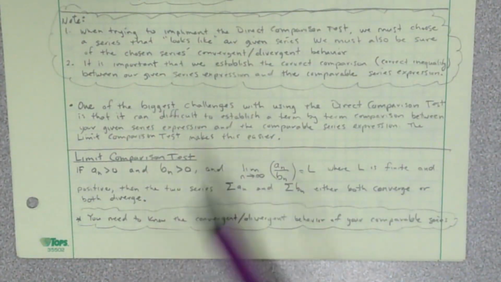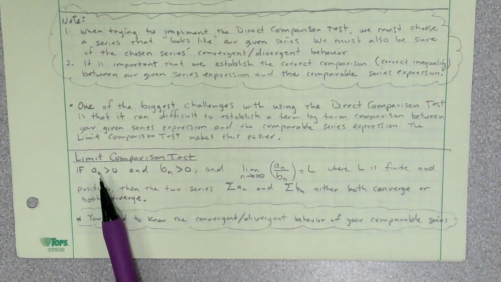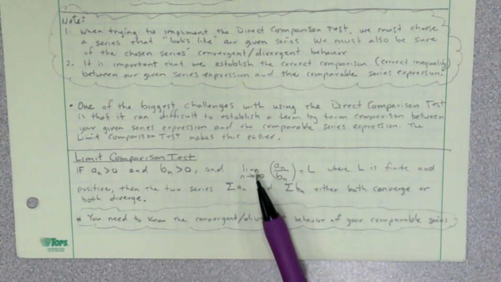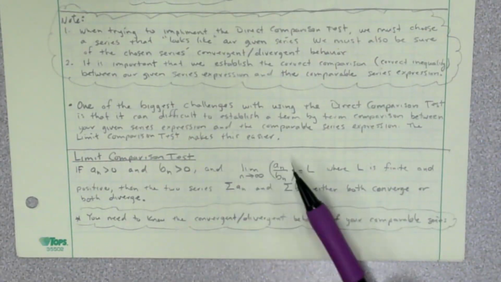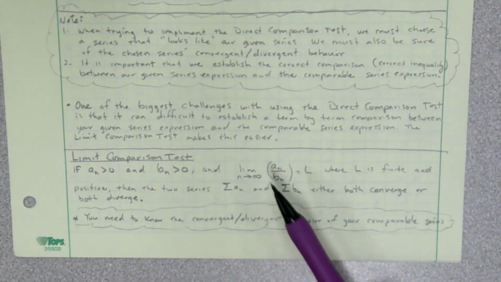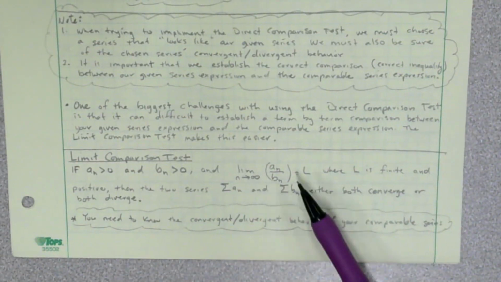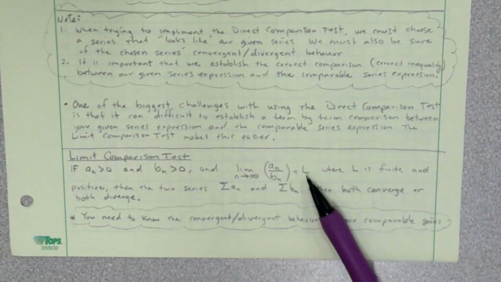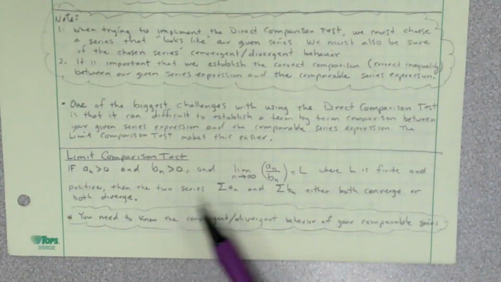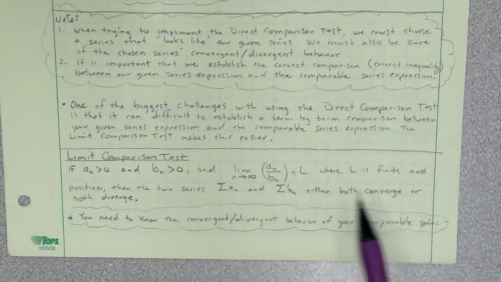Limit comparison test. So if we have a series or a sequence that is greater than 0 and another one that is greater than 0, and the limit as n goes to infinity of the ratio of those sequences has a limit L. If this L is finite and positive, then the two series either both converge or they both diverge.